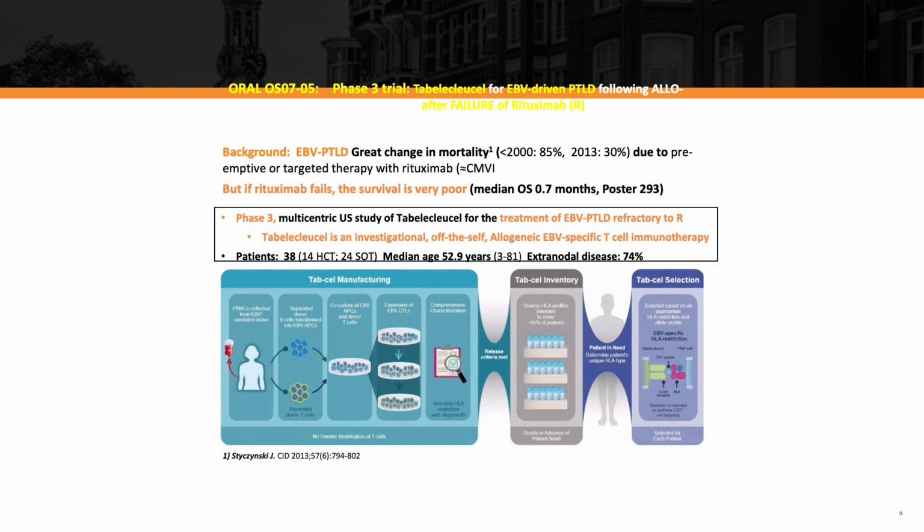Here you can see how the product is obtained. It is obtained by apheresis from an unrelated donor, nothing to do with the patient or the donor of the transplant, absolutely independent of that. You separate the B lymphocytes, transform them with EBV, and stimulate the T cells from the same donor. You select them, you cryopreserve them, and they are ready to use based on HLA match with the patient that needs it.